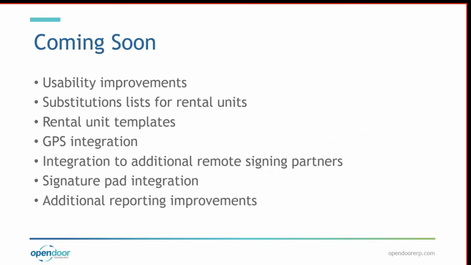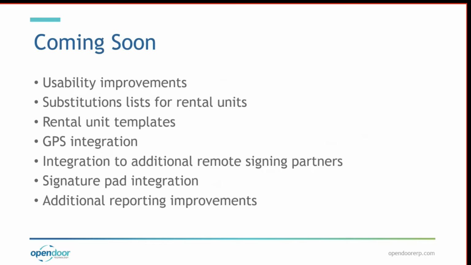GPS integration, this would be to gather information like metered usage, location, or perhaps even service error codes. We're going to introduce integration to additional remote signing partners. In a previous release, or the one before, we introduced e-signatures with DocuSign. We're looking to add other signing partners into that.